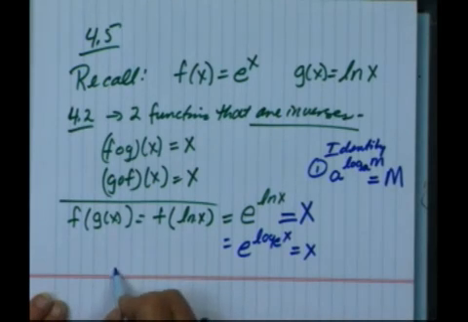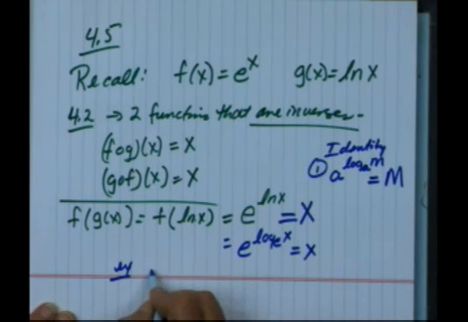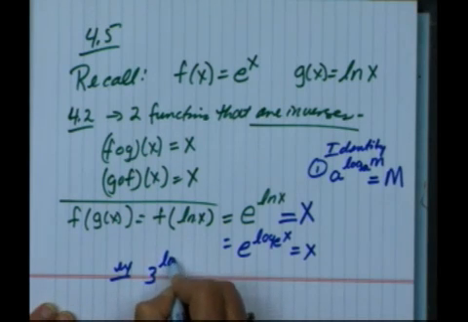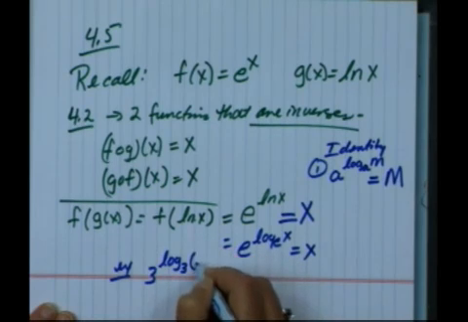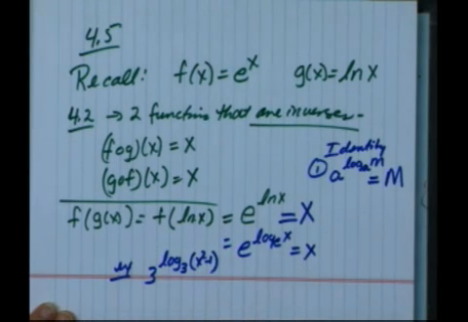Here's the example. I could have 3 raised to the log to the base 3 of x squared minus 1. According to this identity, I have the exponential equation with a base 3. I have the log with the same base 3. They're really inverse functions of each other, so they're canceling out, and this would be equal to x squared minus 1.